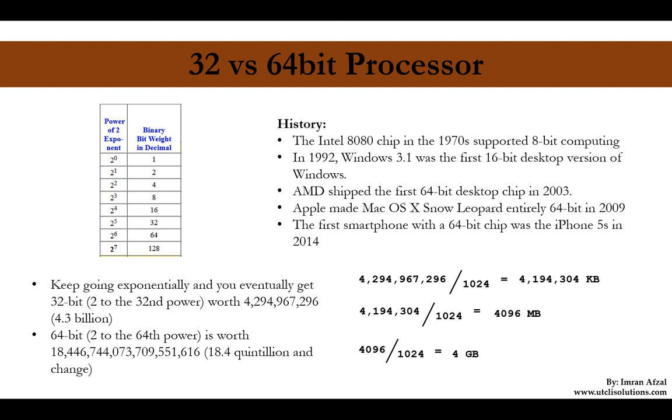Then AMD shipped the first 64-bit desktop chip in 2003. Apple made Mac OS X version 10 Snow Leopard entirely 64-bit in 2009. And then moving on to smartphones, the first smartphone with a 64-bit chip was the iPhone 5S in 2014.